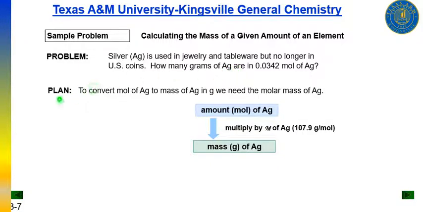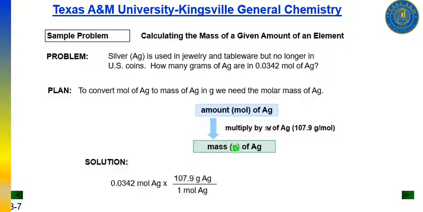Our plan: to convert moles to mass, we simply use the molar mass. In this case, because silver is a monoatomic element, you're simply using the moles multiplied by the atomic mass of silver to derive the mass of silver in grams. Be careful, the mass will be in grams.